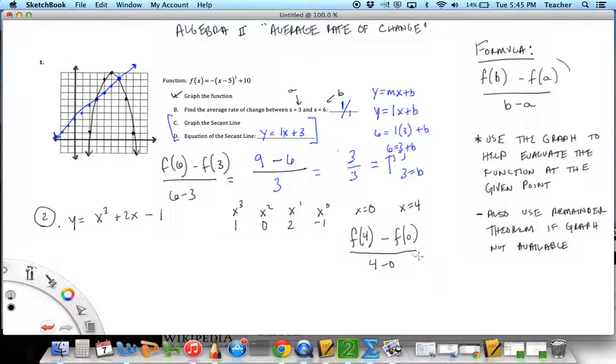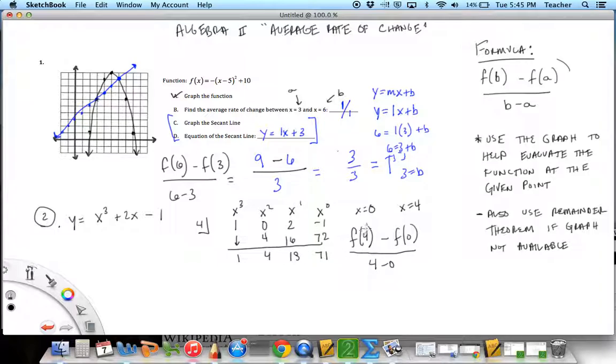This is the function I'm going to use, but I have to find out what f of 4 is. So I'm going to plug this in using the remainder theorem here. 1, 4, 4, 16, 18. 18 times 4 is 72, I believe. And we get 71.